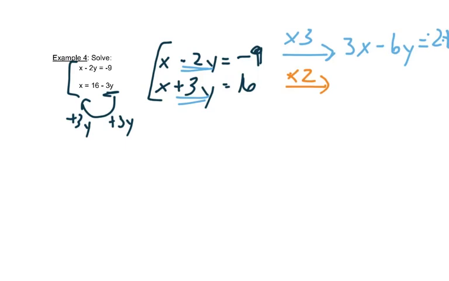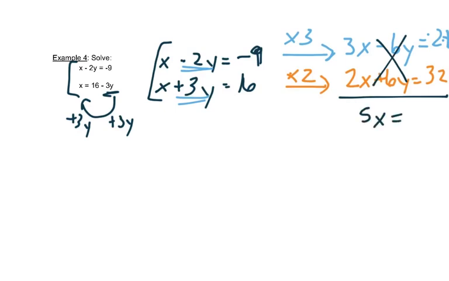In the bottom equation, I would get 2x plus 6y equals 32. I'll add those together. The y's cancel out, so I have 5x equals, and negative 27 plus 32 is 5. So I divide both sides by 5, and I get x is equal to 1.